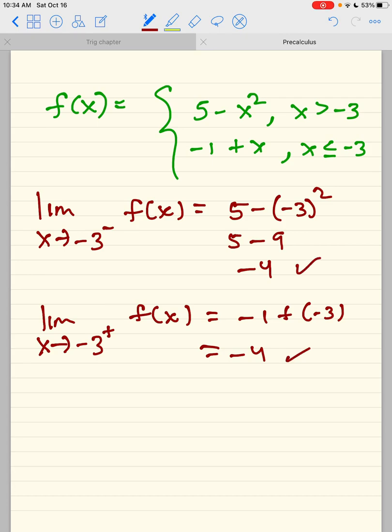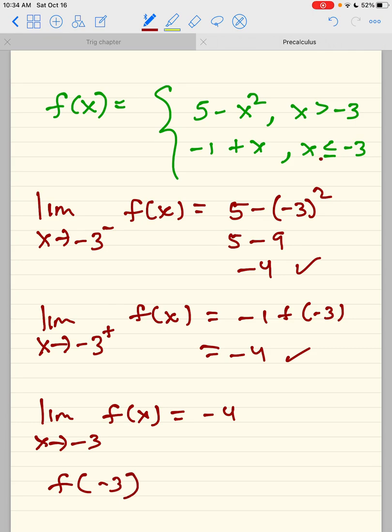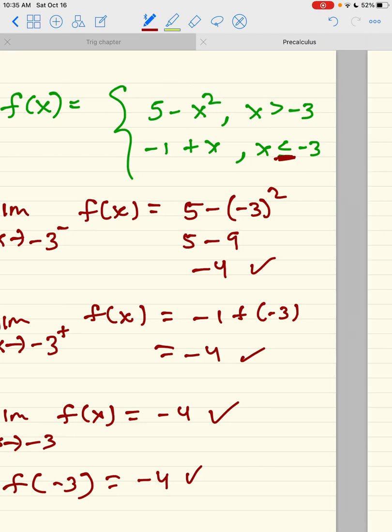Wonderful. Because those two match, the limit as x approaches -3 in general is -4. And once again, because the equal sign was part of one of the pieces, I already know the answer. All four of these match, therefore f of x is continuous.